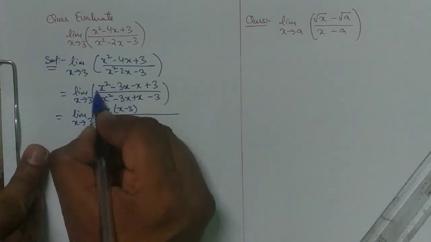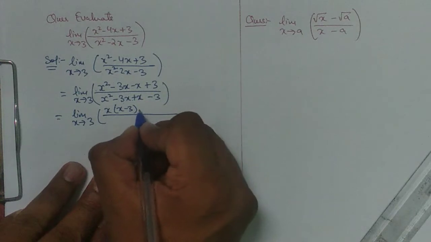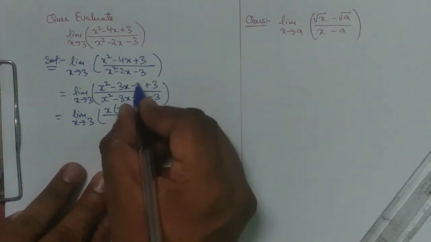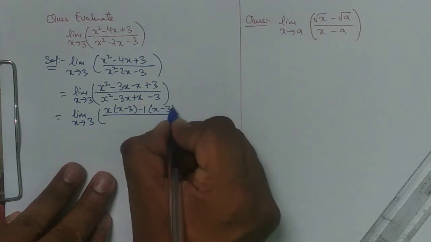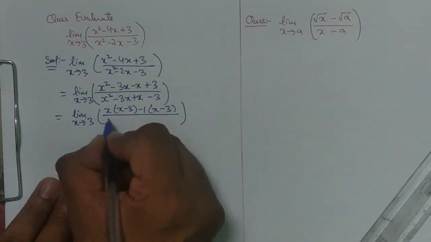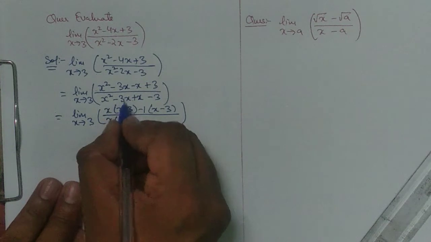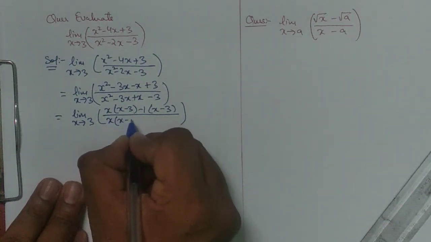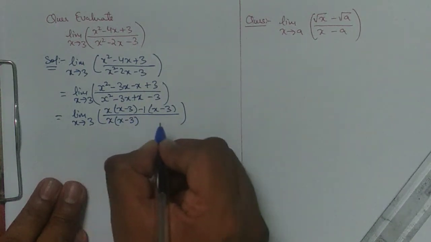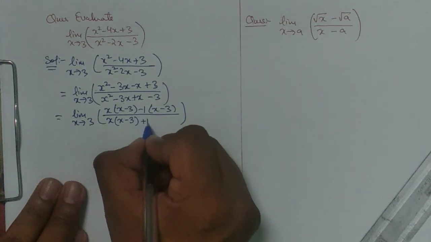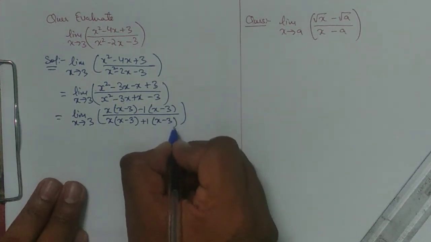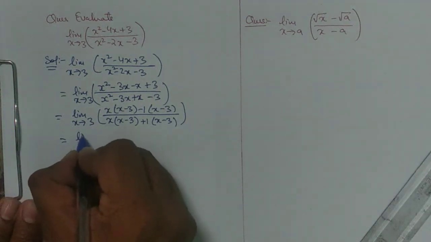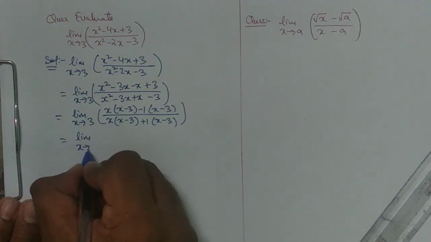In these two terms I have taken x common. Now I will take minus 1 common in these two terms, so I will get minus 1 into x minus 3. Similarly in the denominator I have taken x common, so I will get x into x minus 3 plus 1 into x minus 3.